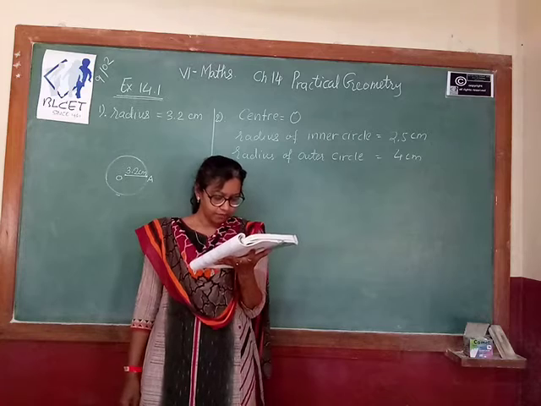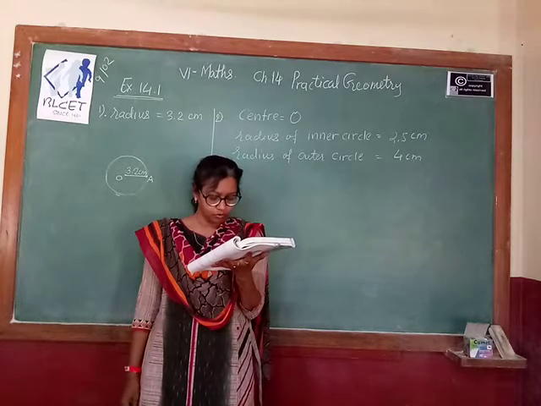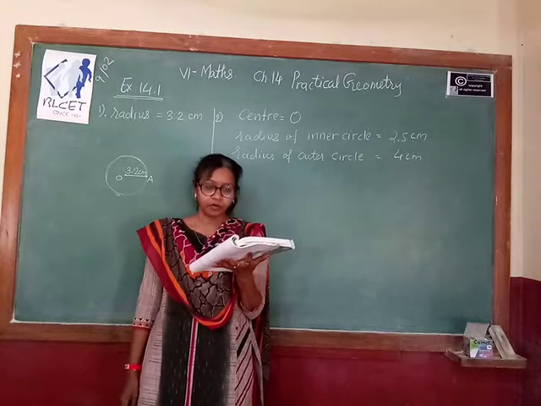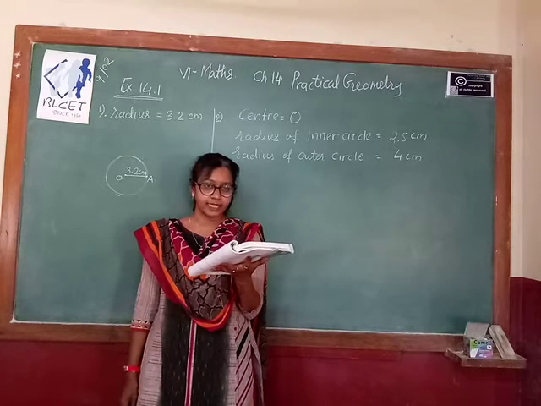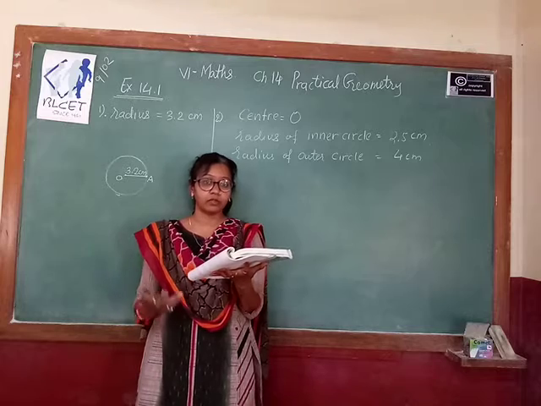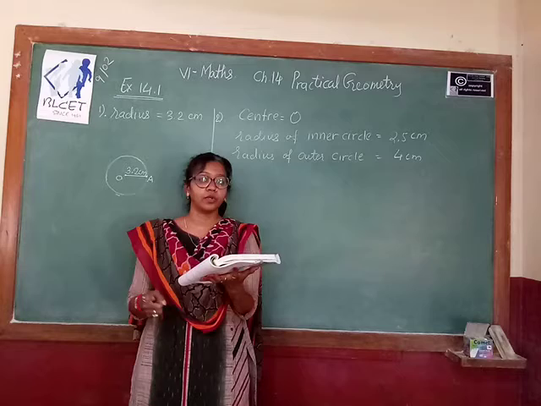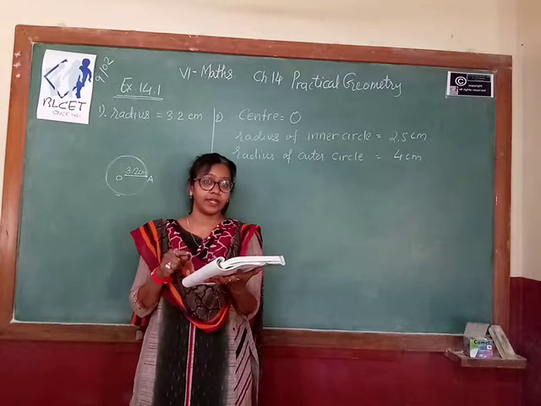Second question: with the same center O, draw two circles of radii 4 cm and 2.5 cm. Whenever you are talking about more than one radius, we write the plural of radius, that is radii.